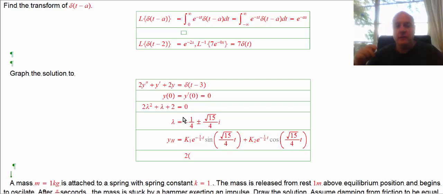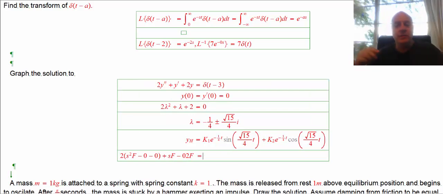I'm going to get 2 times the Laplace transform of y prime prime, which is s squared F minus, well, both initial conditions are 0, so minus s y(0) minus y prime(0), which is 0, plus the Laplace transform of y prime, sF minus 0 again, and now the Laplace transform of 2y, is equal to, here's where we needed our Laplace transform of the Dirac delta function, which is going to be e to the -3s.